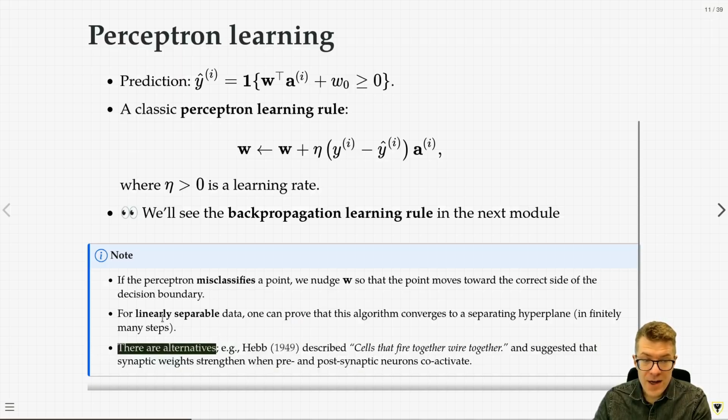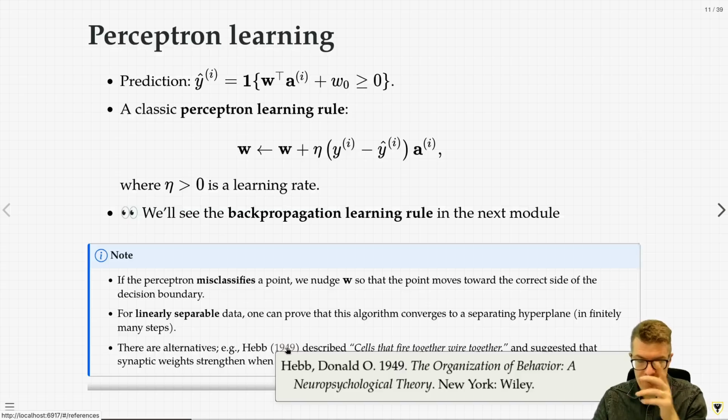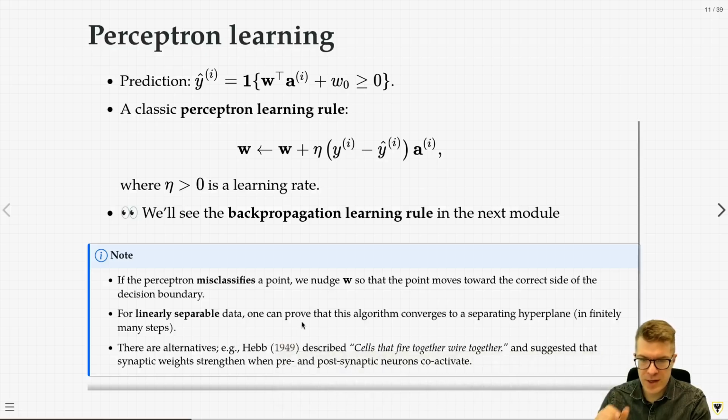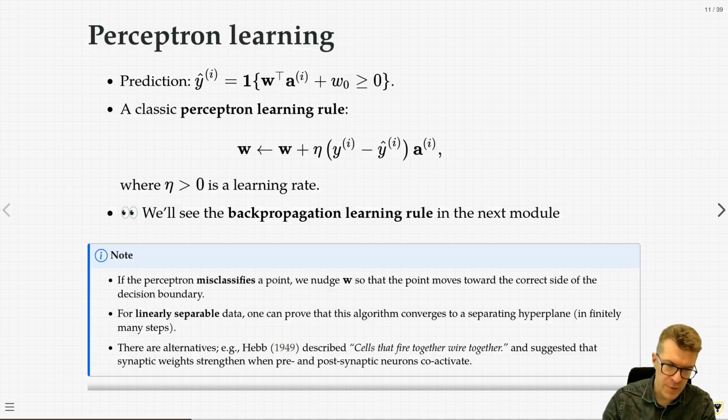There are lots of alternatives to this kind of learning rule. Around the same time, in the 40s and the 50s, Donald Hebb introduced the idea which came to be known as associative learning. It isn't so much about updating weights according to an error signal, but the idea that if two cells are connected and one fires, then the other one is more likely to fire also, and if one doesn't fire, then its neighbor is likely not to fire. So you'd update the connections between neurons based on how often they fire together, which results in different behavior.